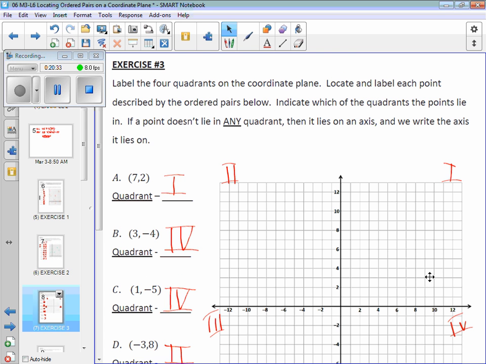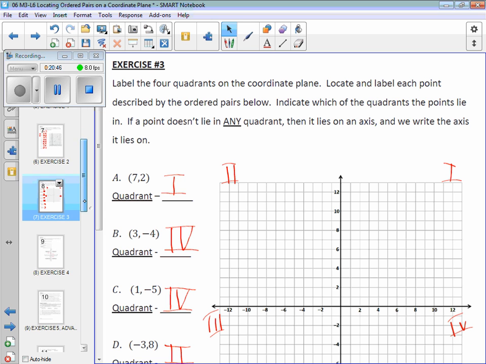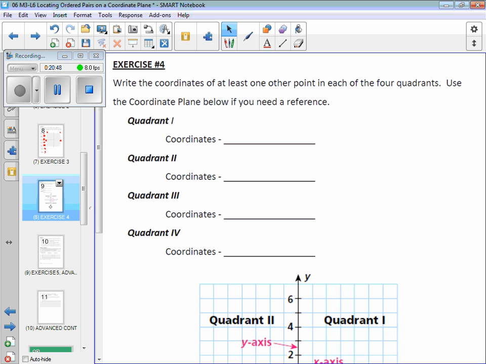Let's move on. Page 8. Exercise 4, we kind of just did it actually, if you think about it. This is open for any possible coordinates that you want to write down that exist in the quadrant that they give you.